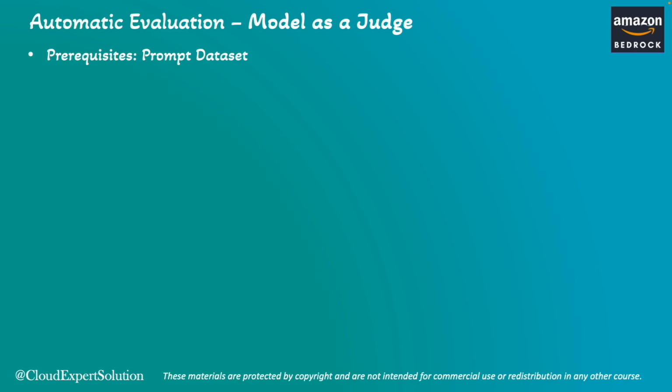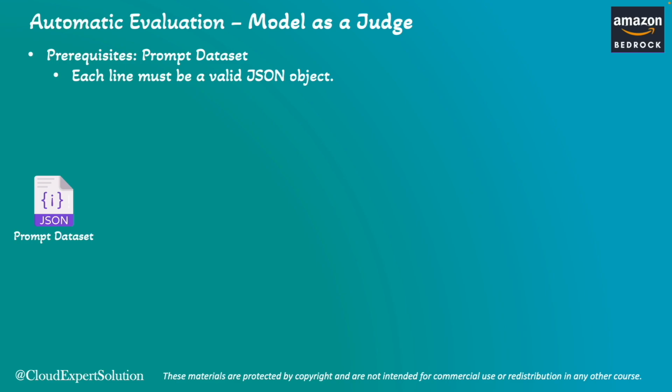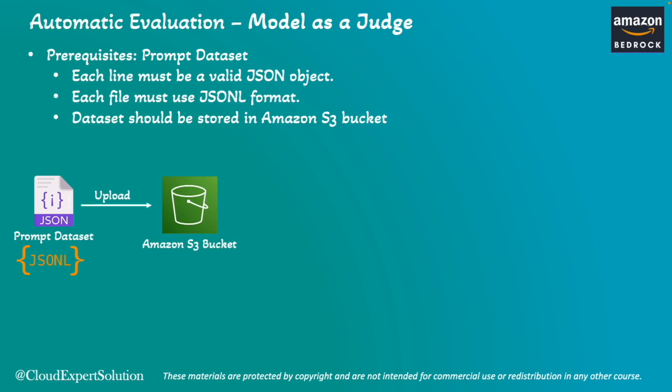The evaluation process begins with a prepared dataset containing prompts that will be used to test the model's performance, and we call that the prompt dataset. There are some prerequisites or dataset requirements. Each line must be a valid JSON object, the prompt dataset file must be a JSON-L formatted file, and the dataset must be stored in an Amazon S3 bucket.